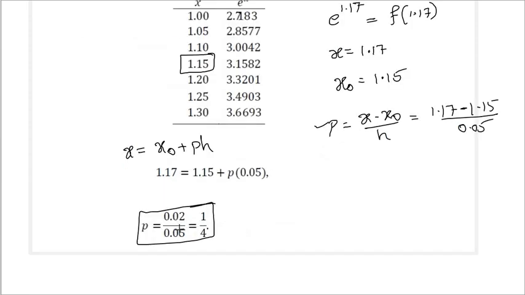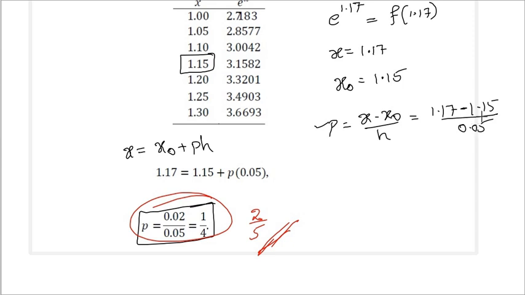And what is the p value? Is it correct that it is equal to 1 by 4? No, sir, it's 2 by 5. Yes, it is wrong.